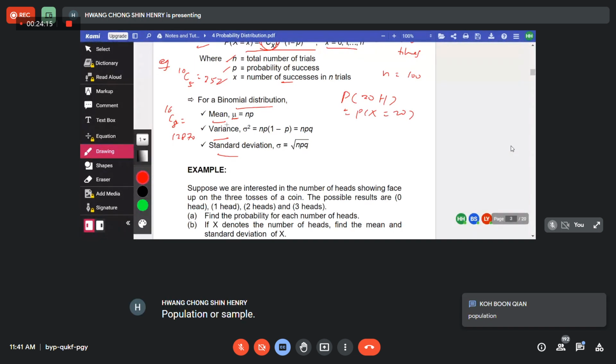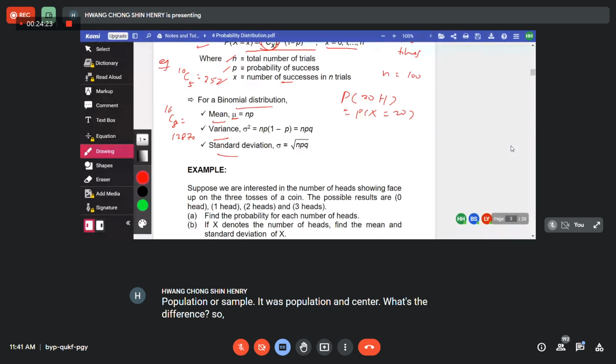Population or sample? Do you know what's population and sample? What's the difference? Big group and small group. So this is mean, right? Population. I hope my prediction is correct. You all want to wait until last minute only do the revision, is it?